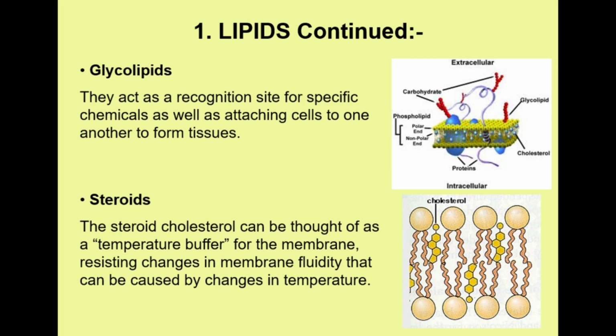We're often told that cholesterol is bad for us and we shouldn't have it. Well, cholesterol is essential for our lives. It's important for maintaining the fluidity of our cell membranes, but it's also an important precursor for things like vitamin D, but also estrogen and testosterone. So cholesterol gets a bit of a bad rap.